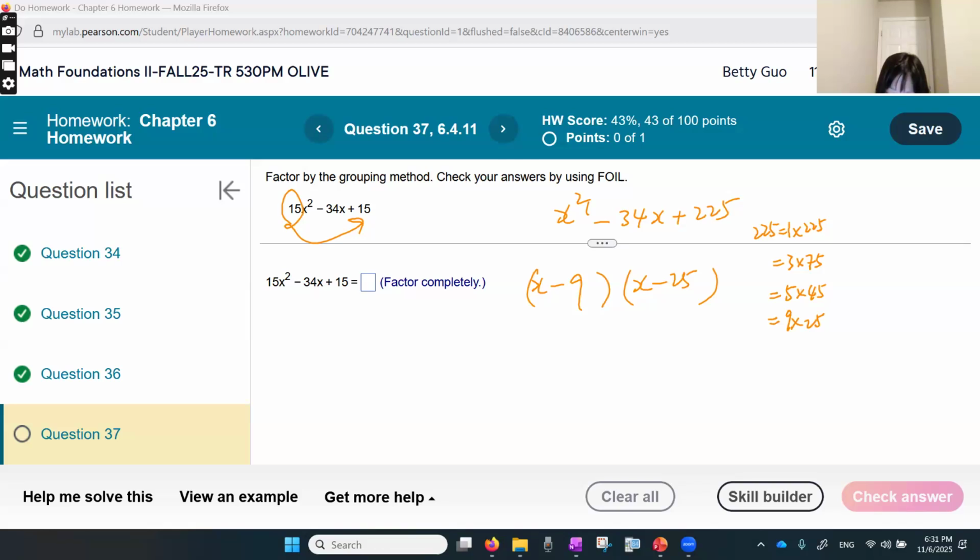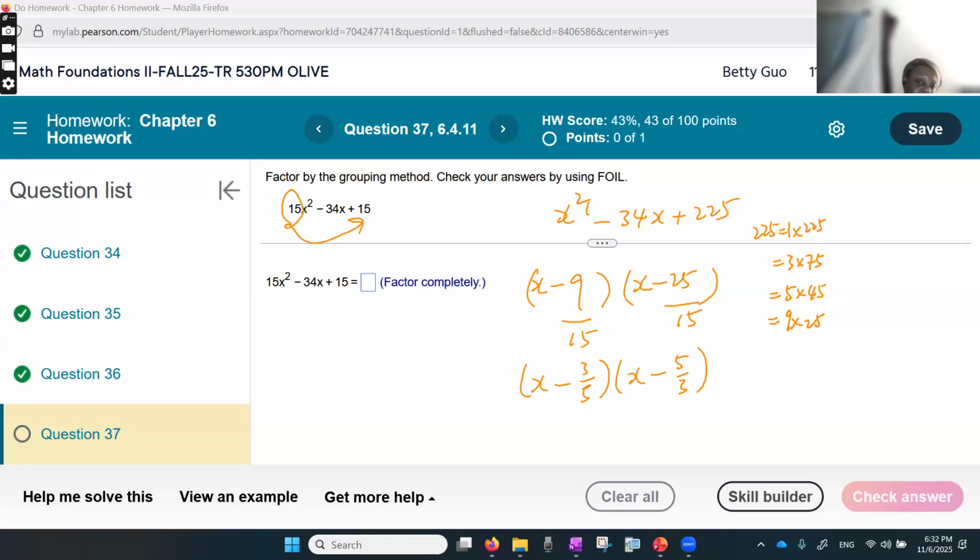Yeah, divide. The only challenging part is the shortcut, guys. But you really need to grasp the method. Divide by 15, simplify: 9 over 15 is 3/5, 25 over 15 is 5 over 3, right? And bring it back. So it is 5x minus 3 times 3x minus 5.